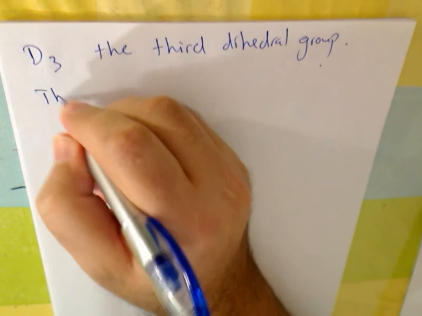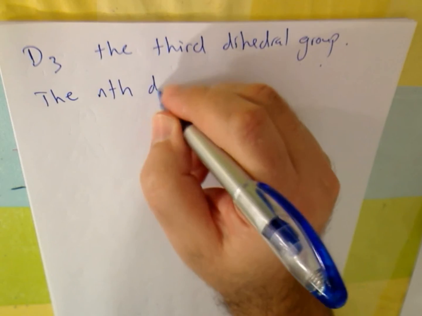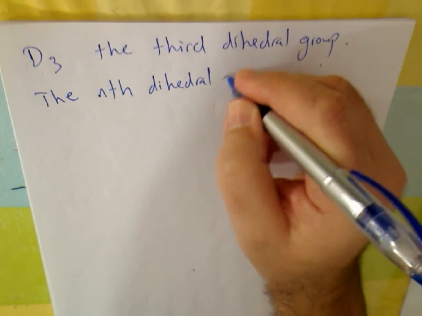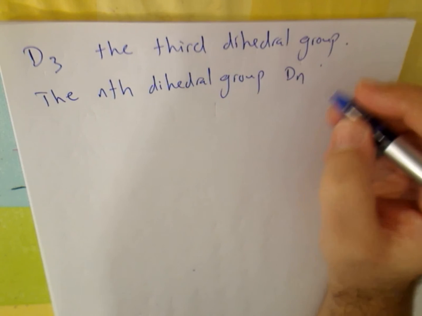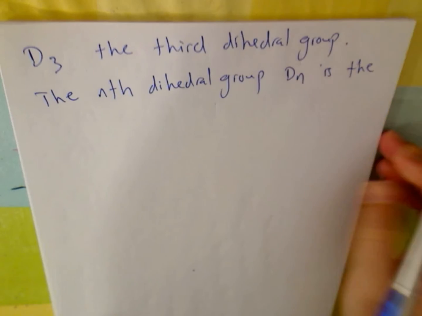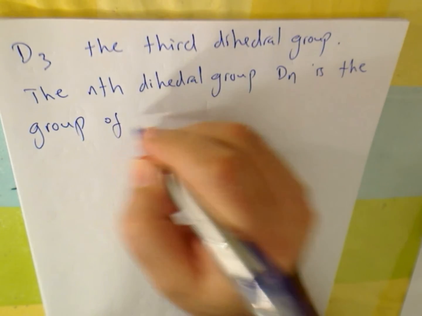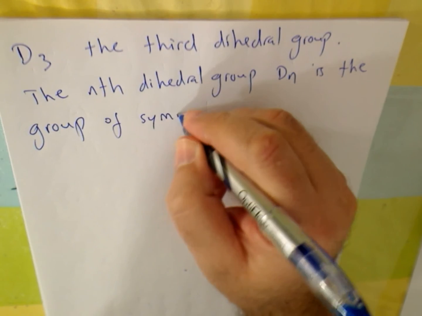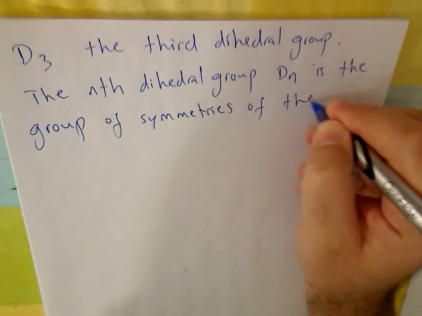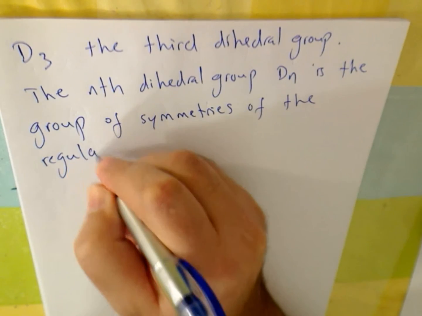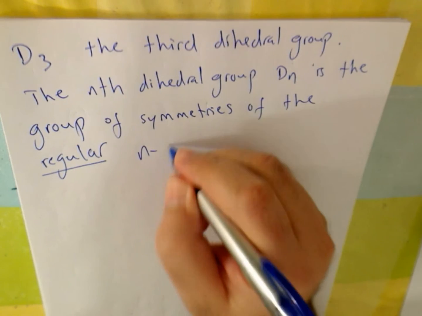So the nth dihedral group, the notation is Dn, is the group of symmetries of the regular, do not forget regular, okay, the regular n-gon.